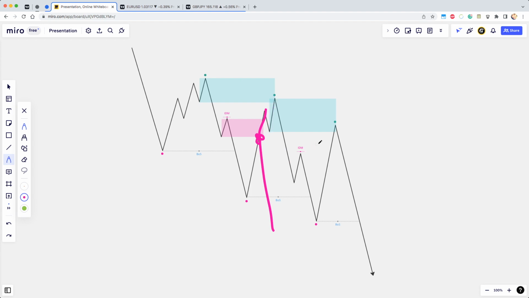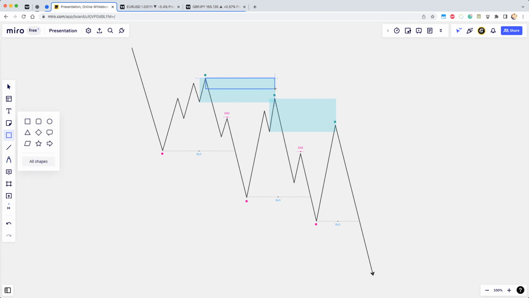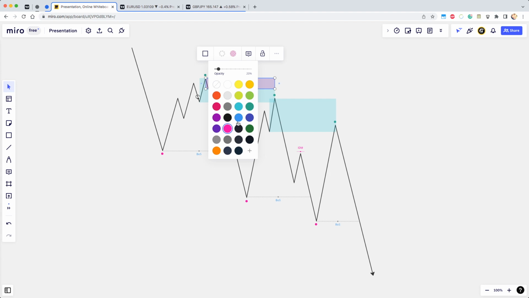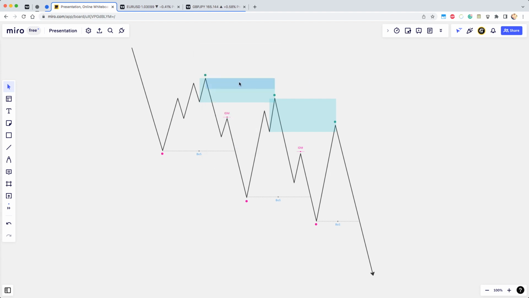So very important to keep that in mind, all right? Okay, let me remove this just for a second. So basically, let me just put it quickly like this, right? And then let me give it another color, like blue perhaps.